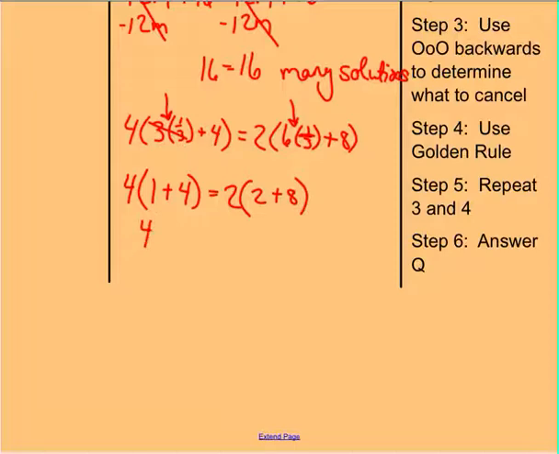Still inside the parentheses, 1 plus 4 is 5. Still inside the parentheses, 2 plus 8 is 10. On the left-hand side, 4 times 5 is 20, and 2 times 10 is 20. So my random fraction checked out. Any number you substitute for m will make that equation true. It has many solutions or infinite.